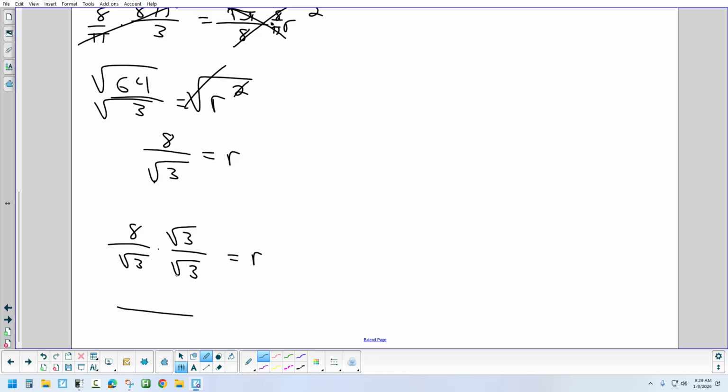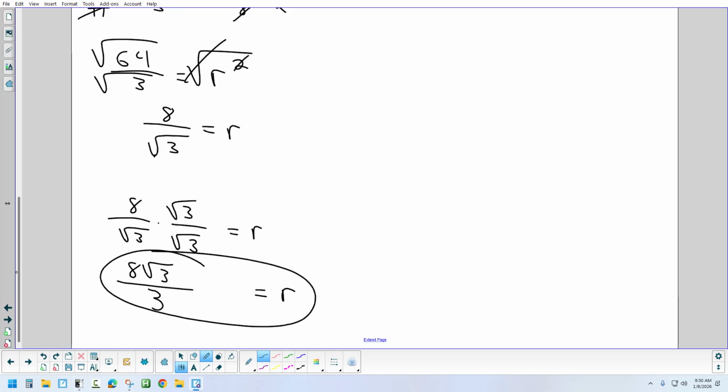That's the square root of 9 when you put those together. And what's the square root of 9? 3. Now at the top, you can't put them together, like you can't write square root 24, because that's not a square root, that's just an 8. So all we can do is 8 square root of 3. And that is my radius, fully simplified.